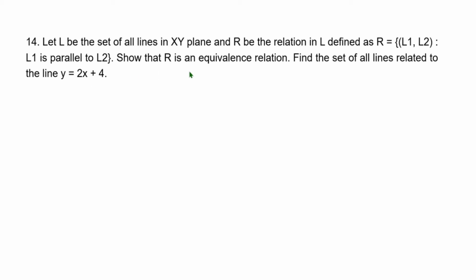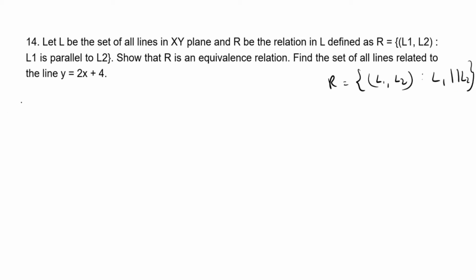So first we will show that R is an equivalence relation. Here R is defined as the set of all ordered pairs (L1, L2) such that L1 is parallel to L2.